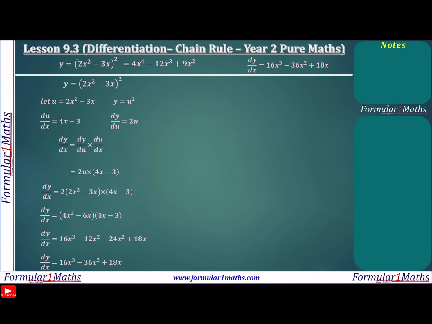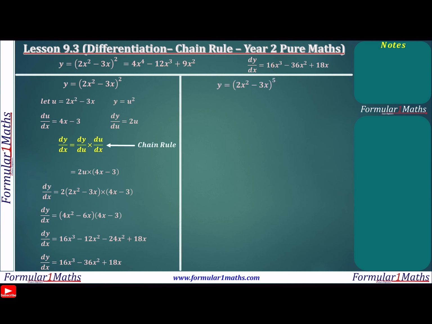So this formula here, dy/dx equals dy/du times du/dx, is what is known as the chain rule. So what's the point of using the chain rule when we could have just expanded this and then differentiated the individual terms like we did here? Two reasons.